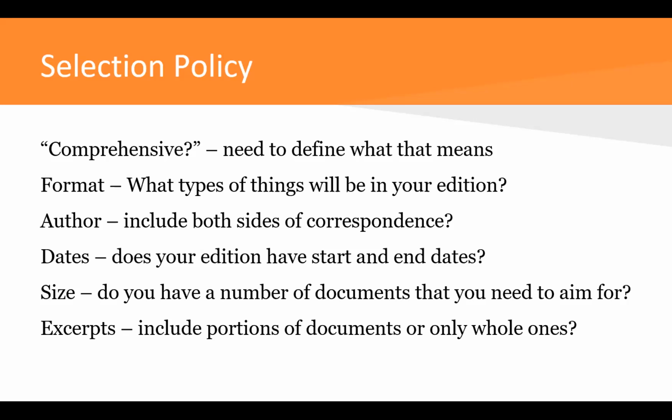I mean, just an example of some of the things that you could put in a comprehensive edition: records of organizations that they might have seen, scraps of paper with doodles, newspaper clippings they kept, material created after your subject died, really good documents written about them. All of those could be included in a comprehensive edition. And there are a lot of other things that you could probably think of that you could include. The question would be, should you include those?